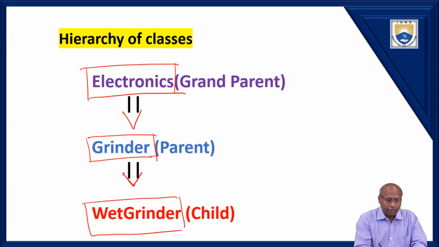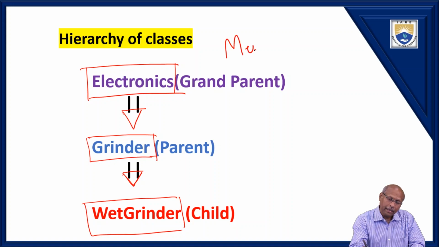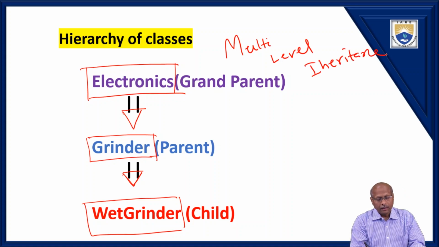Whenever this type of application comes, you can implement the inheritance concept. This type of example comes under multi-level inheritance. Right? Now let us implement it through a Java program.